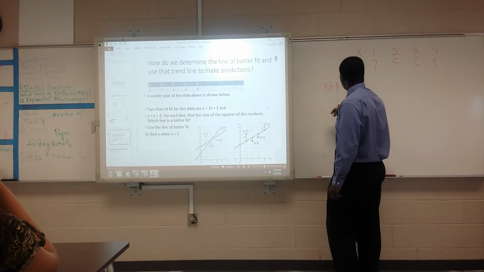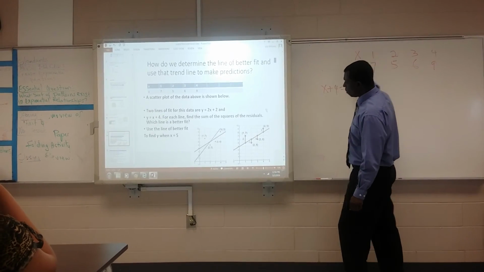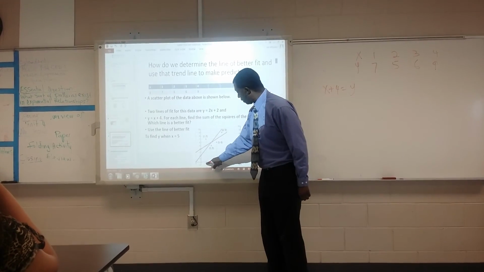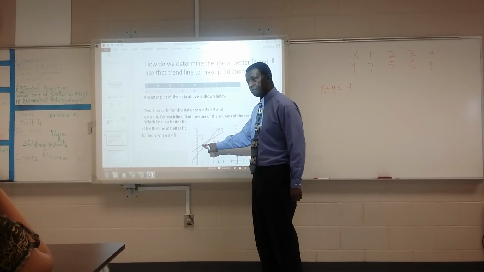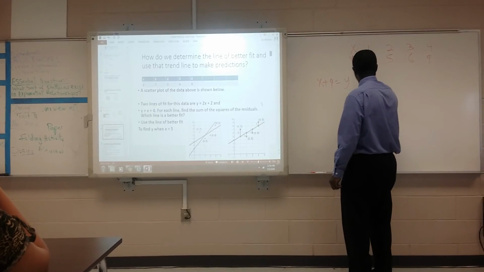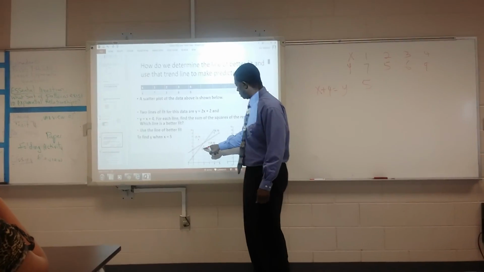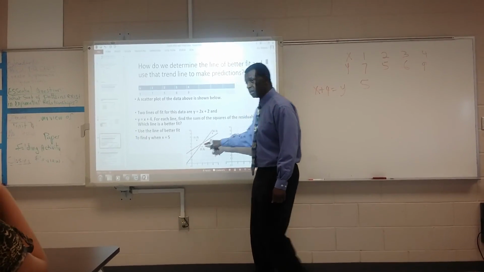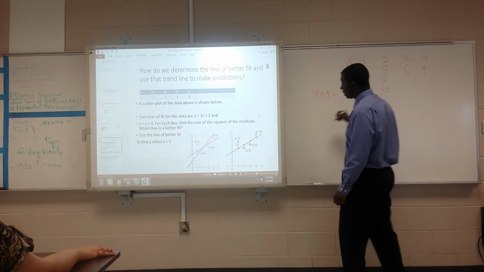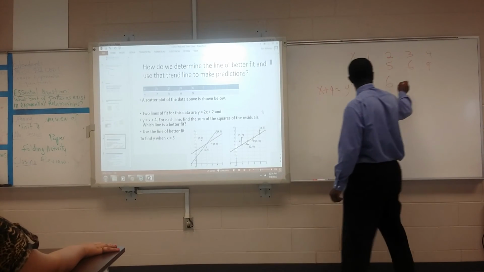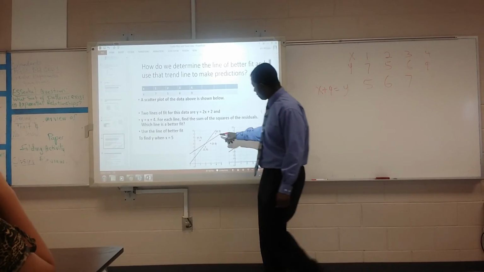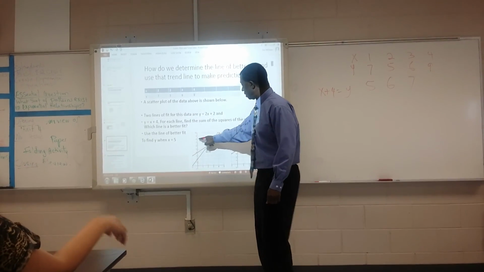Now, when x is 1, what does the red line predict? 5. And when x is 2, the red line predicts 6. And when x is 3, the red line predicts 7. And when x is 4, the red line predicts 8.